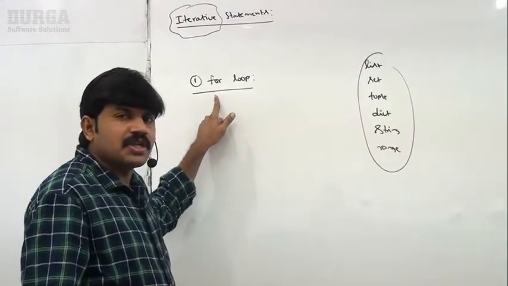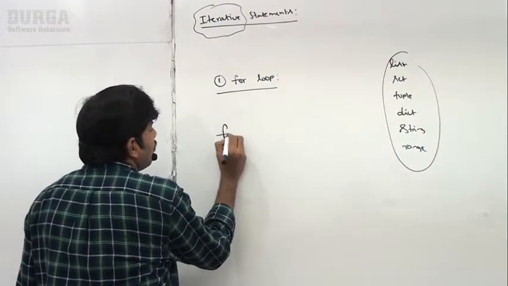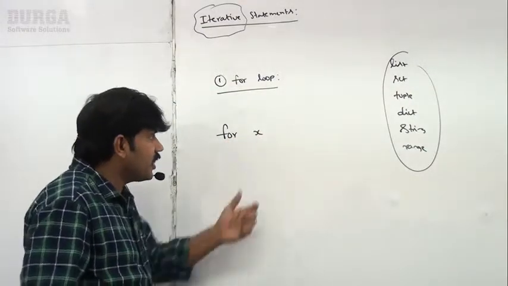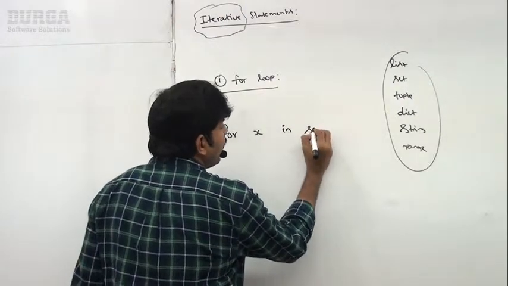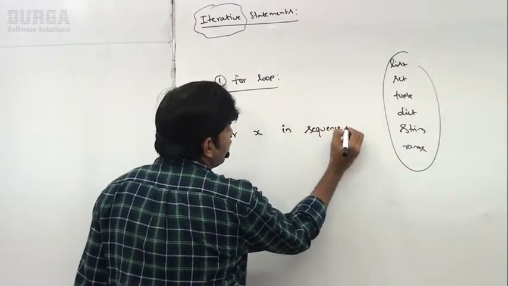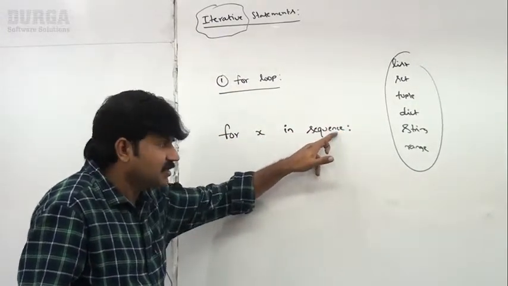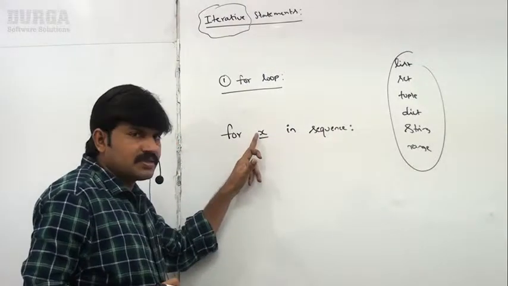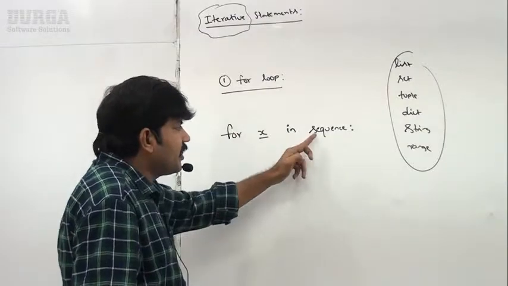Sir, what does it mean? Can you explain with a very simple example? For each element x in any sequence, I'm using x as a local variable. This variable is going to represent the element present inside this sequence.